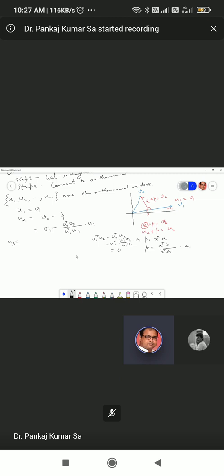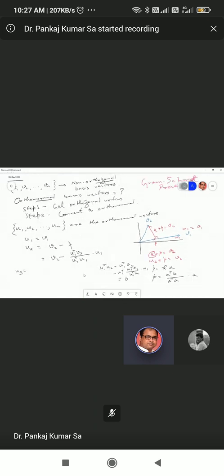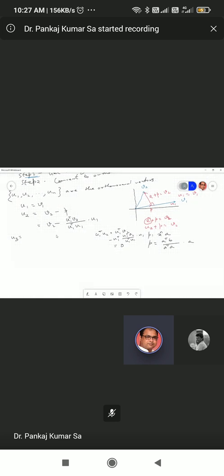That's right. So what exactly are we doing here? We are taking the second vector. We are assuming the first vector is part of the orthogonal set. It's not yet orthonormal. This is still orthogonal. We are still in step 1, step 2 we haven't gone to. So let us first complete step 1. In the case of U1, we assumed V1 as part of the orthogonal set.